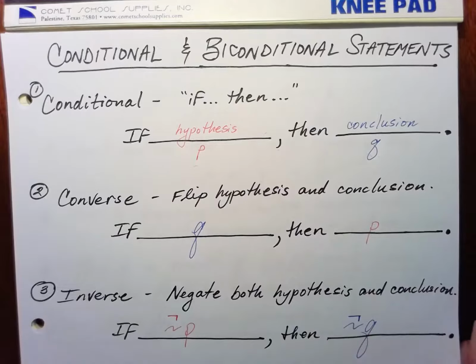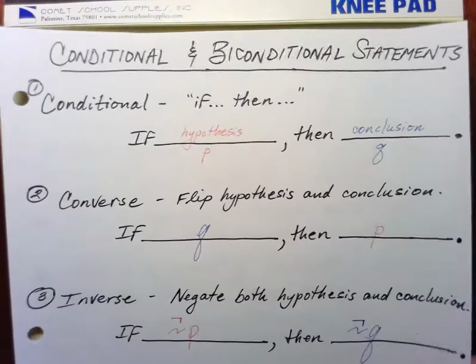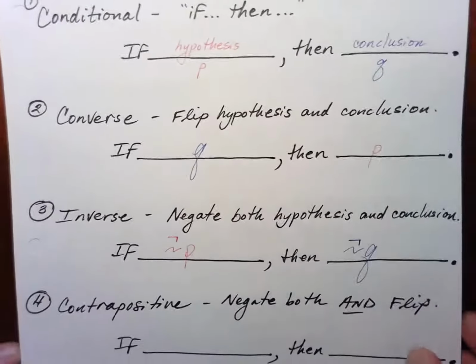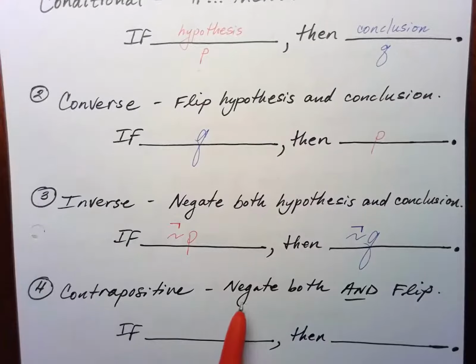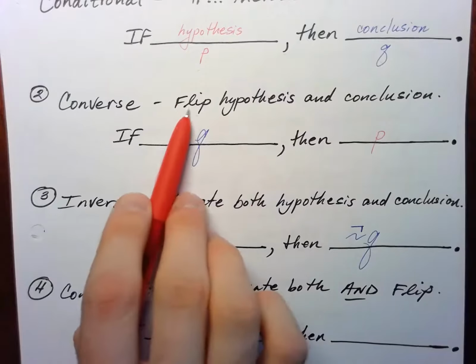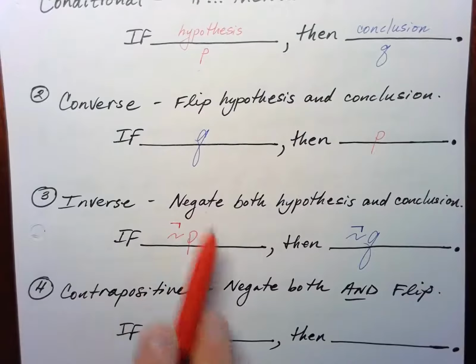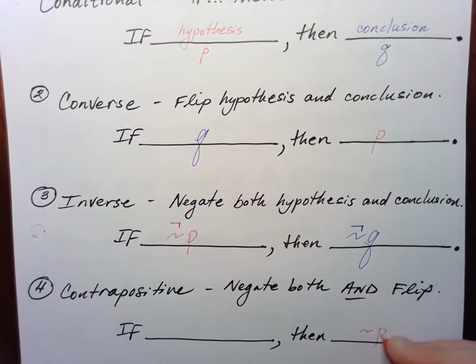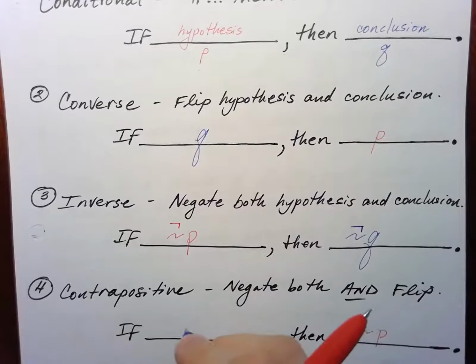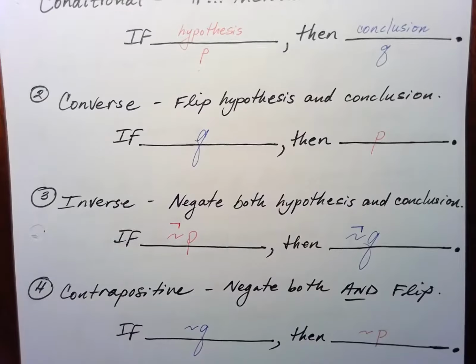They mean the same thing. So a contrapositive is the fourth kind of statement, and it's where you negate. So up here we flipped, here we negated, and here we negate and flip. Okay, and so the not P comes here and the not Q comes there.